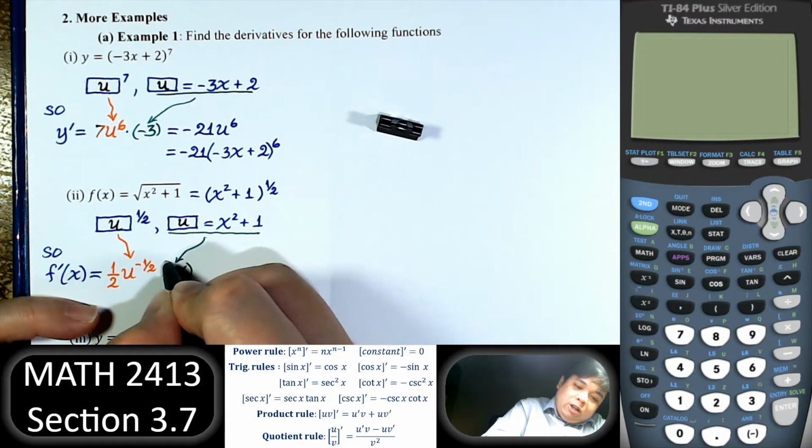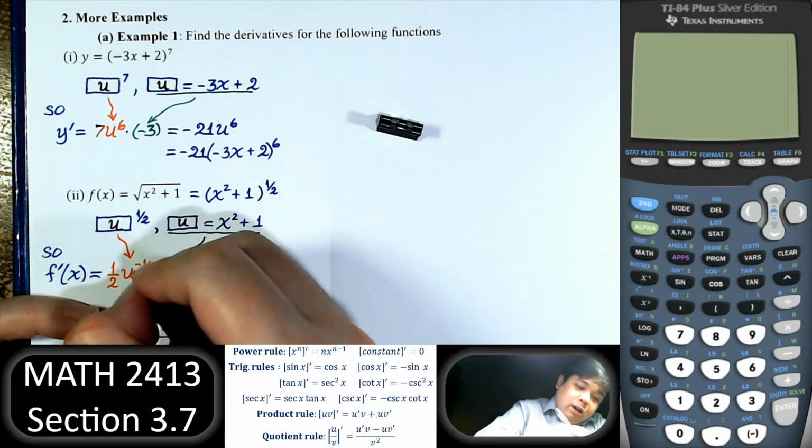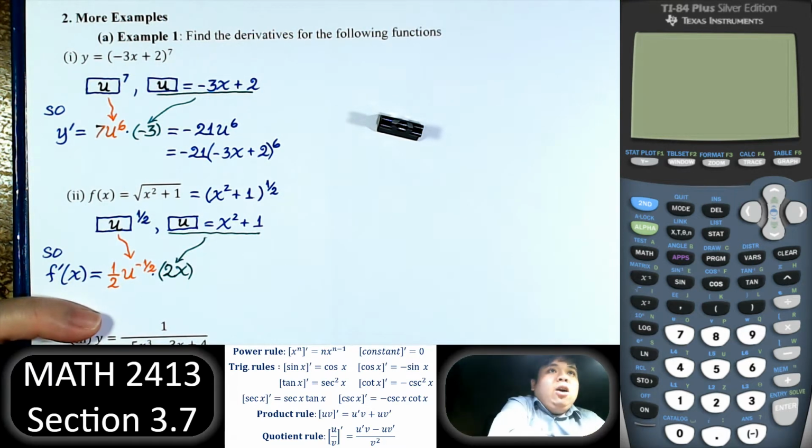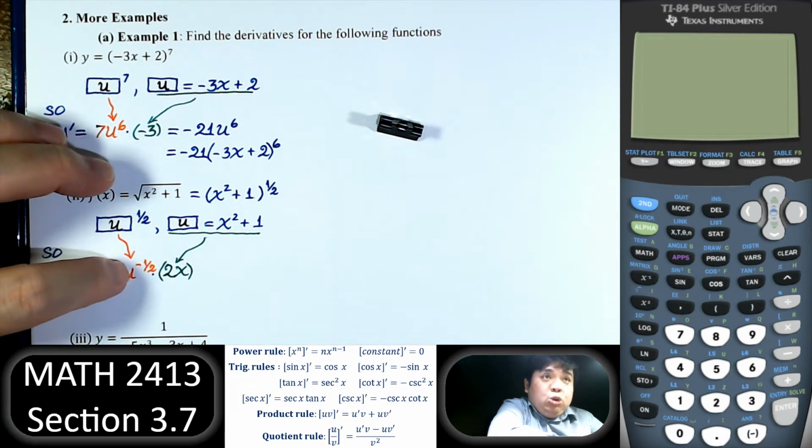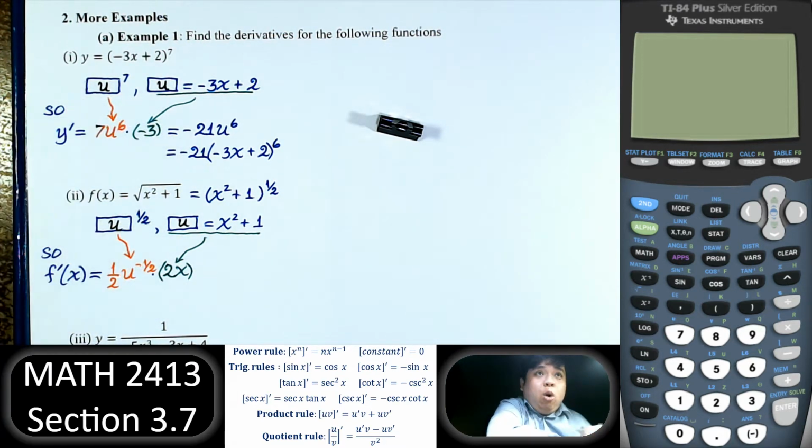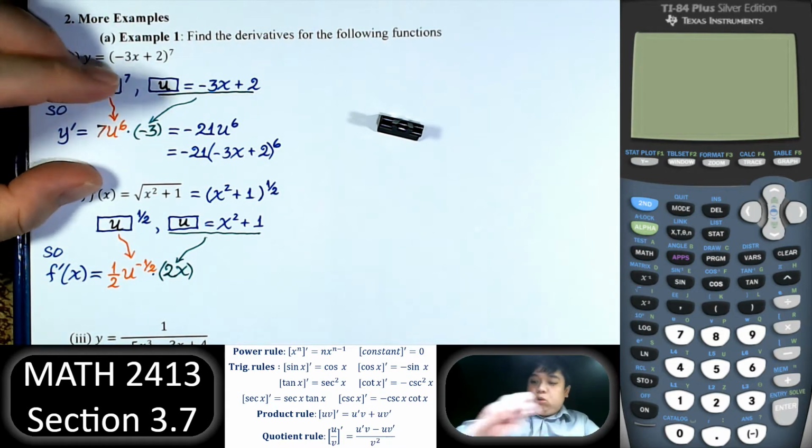So put the parentheses around it and we multiply. Right, 1/2 u to negative 1/2 times 2 times x, so all of them are multiplied, right? All of them are multiplied.